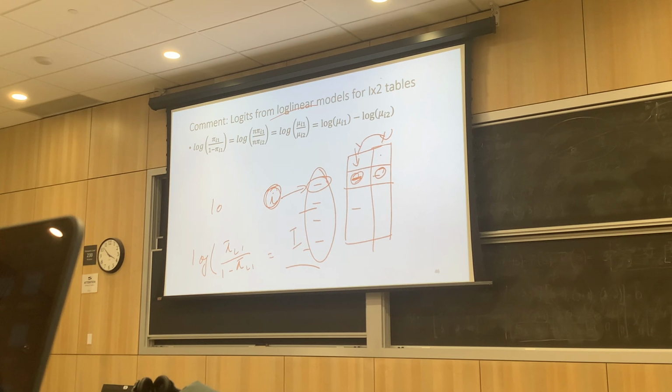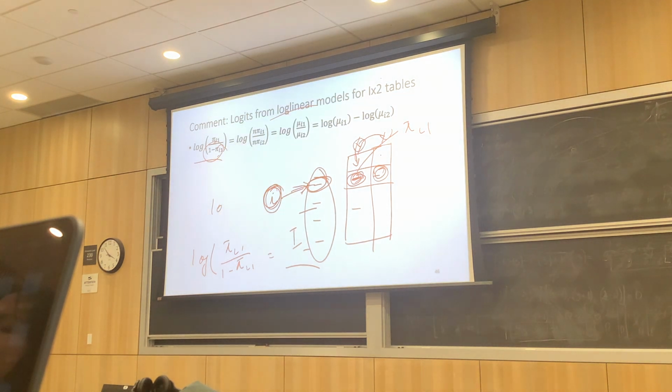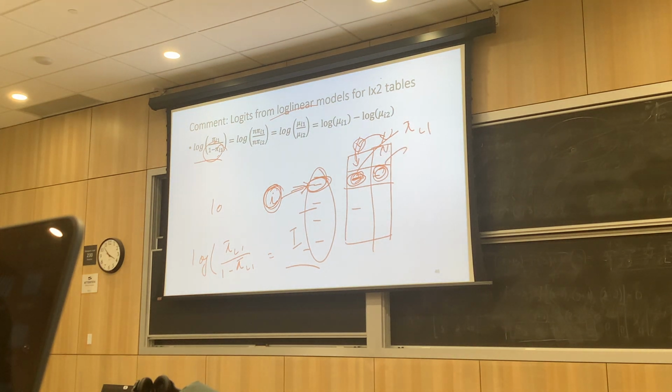If you want to calculate the log odds of a baby being malformed, when the mother's drinking habit is at level i, that is equal to the log of pi i1 over pi i2. Here 1 is the baby being malformed, and 2 is not malformed, the second column.